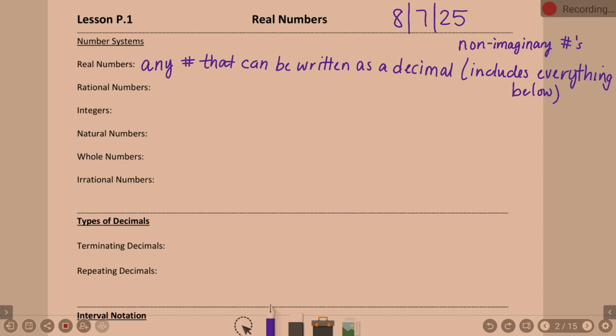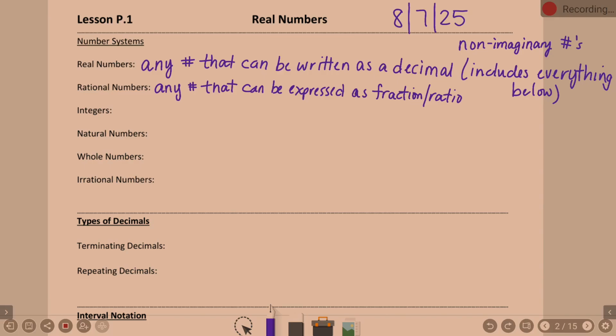So, any number that can be expressed or written as a fraction or ratio, and I don't care which word you use.